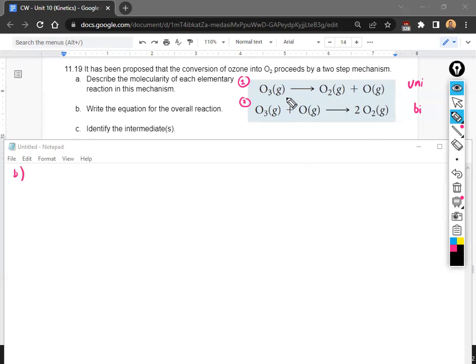So if you take a look at this equation, it's basically saying that O3 is going to split up into O2 and O. And then in step 2, another O3 comes along and bumps into the O and makes two different oxygen molecules. So if you take a look at this reaction, what is the compound that gets used up basically? Yeah, O. So that's your answer to part C. The intermediate is just O. It's me. I'm used and abused by you guys.